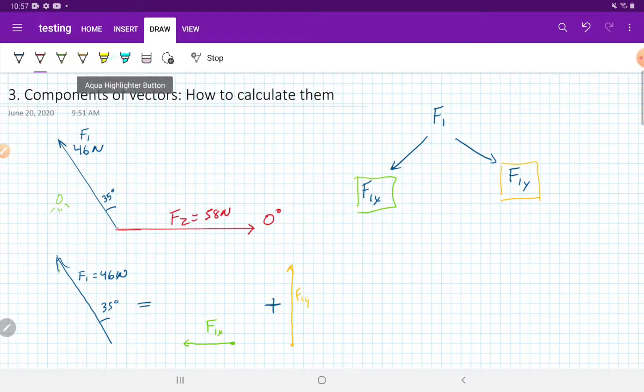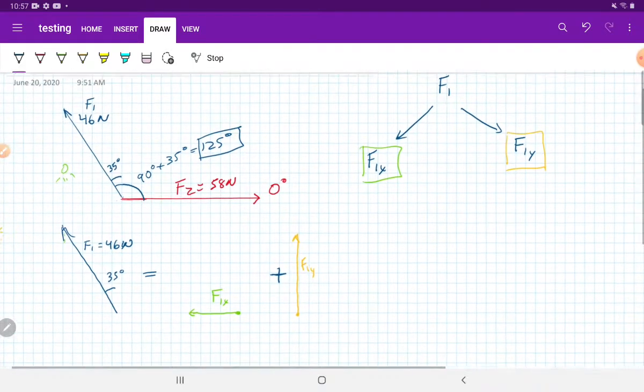So if I start here, I would have to go 90 degrees to be pointing up, plus the 35. So my full angle would be 90 degrees plus 35 degrees, which is equal to 125 degrees. Please do not skip that step, because if you use this number, it's wrong. Your angles always have to be measured compared to east, which is 0. That's the first step, and then the rest is just straightforward math.